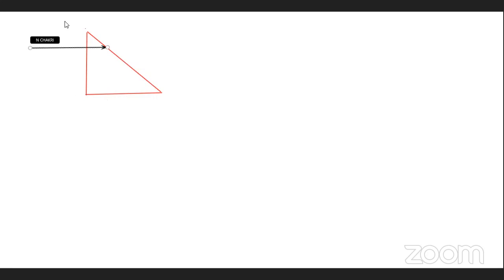And here the question is, to get total internal reflection, what will be the condition? First of all we have to drop a normal to the surface. Suppose this is the normal. What is this angle, Nana?